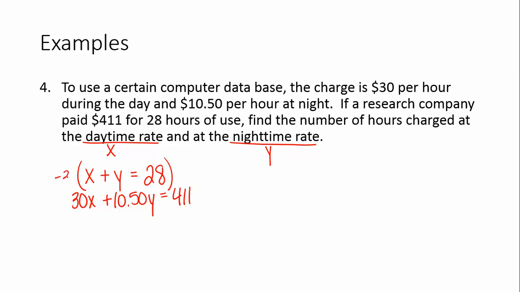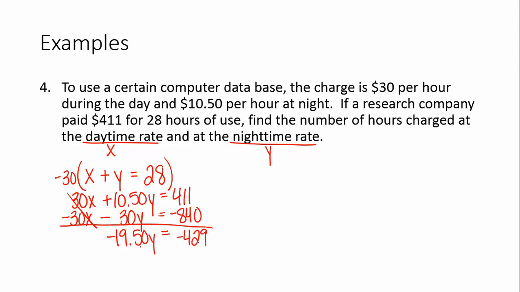I'm going to multiply the top by negative 30. So I get negative 30x minus 30y equals 28 times negative 30 is negative 840. My x's will eliminate. 1050 minus 30 is negative 1950 for y. 411 minus 840 is negative 429.